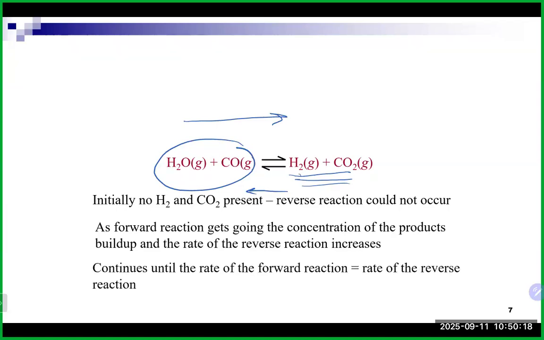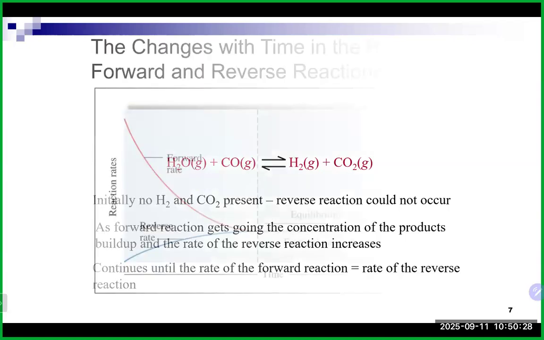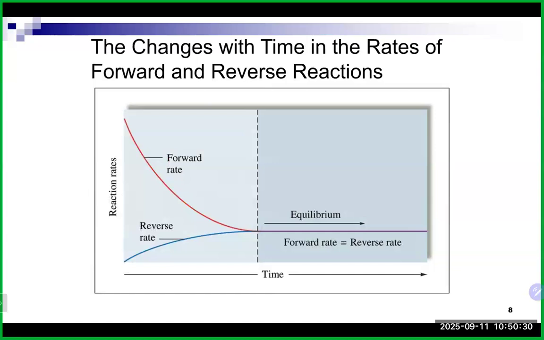It continues this process until it reaches chemical equilibrium, where the rate of the forward direction equals the rate of the reverse direction. Graphically, the forward reaction rate starts to decrease and the reverse one starts to increase as you make products, and eventually they level out with each other.